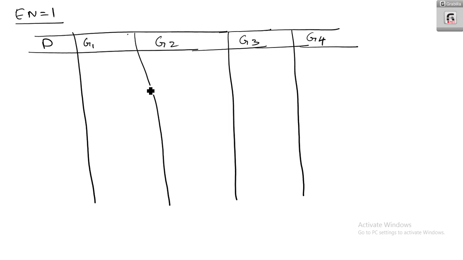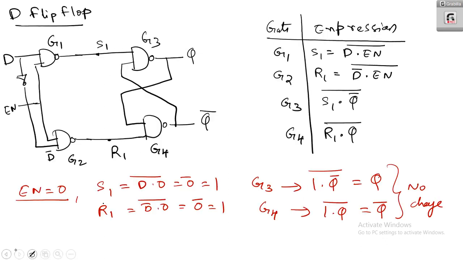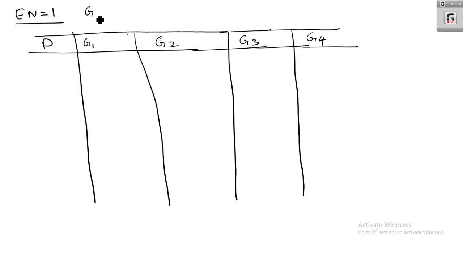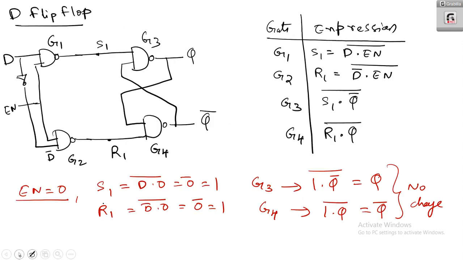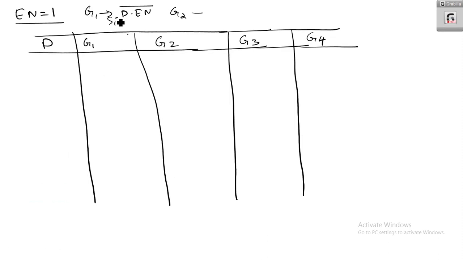For G1, what is the expression? For G1, it is (D dot enable) the whole bar. For G2, the expression is (D bar dot enable) the whole bar. This is S1.